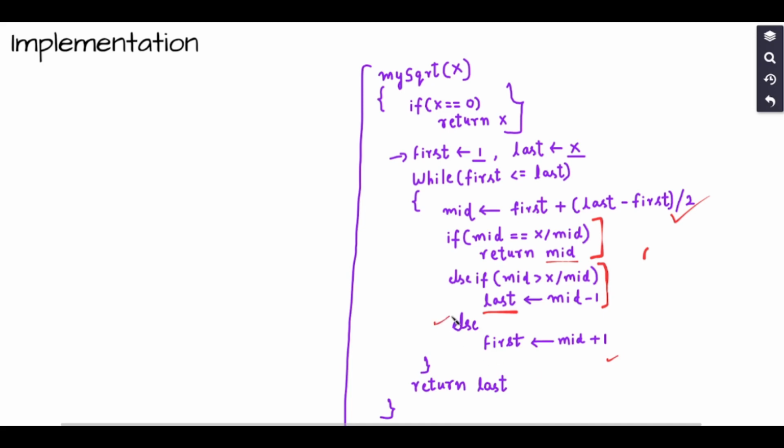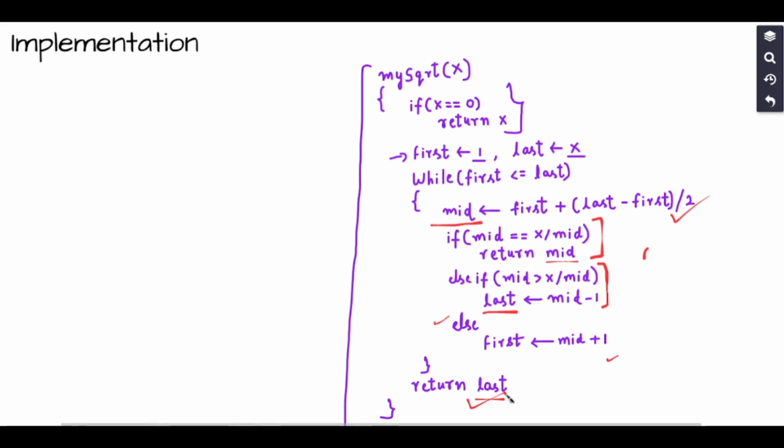So this is the case when the middle point that we have calculated here is less than the desired square root. Fine. So in this fashion, I will keep on decreasing my search space, and eventually I will find my answer in this last variable, and I will return this last right at the end of this function. So in this way, my square root function is working.